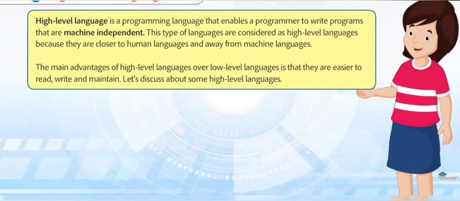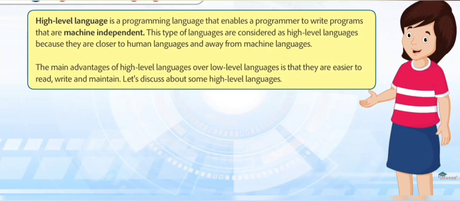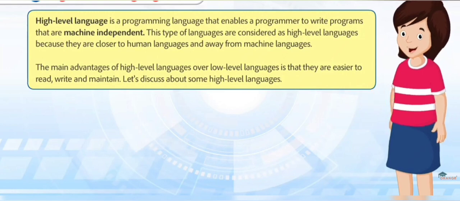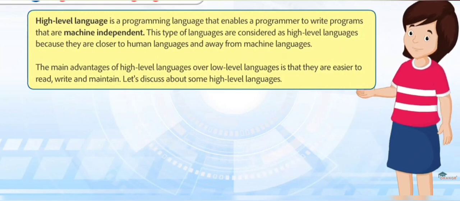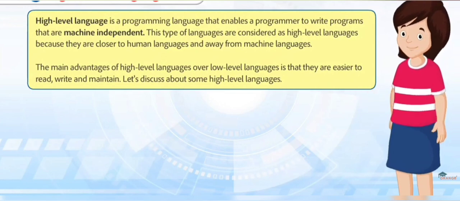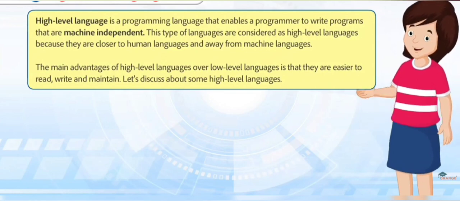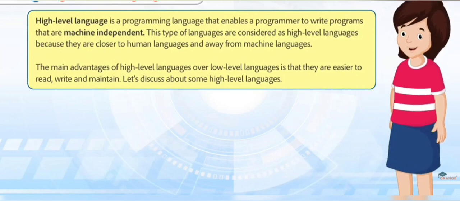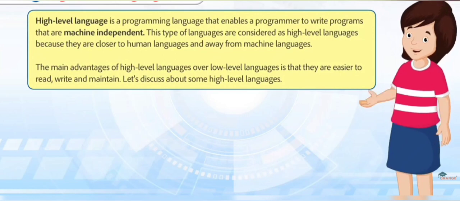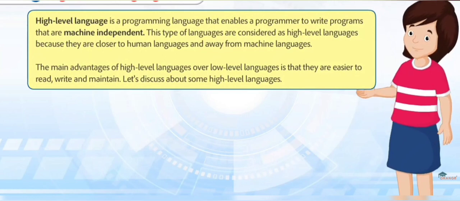These high-level languages use words and commands along with symbols and numbers. They are created to be more user-friendly and easier for humans to read, write and understand than low-level language. Some examples are C, C++, Java, Python, etc.